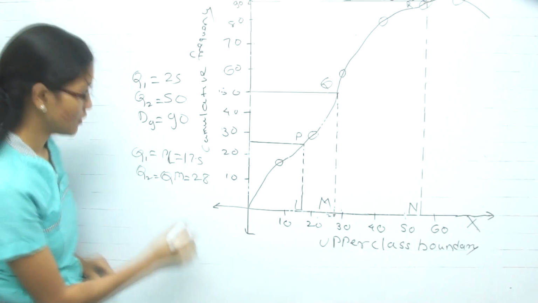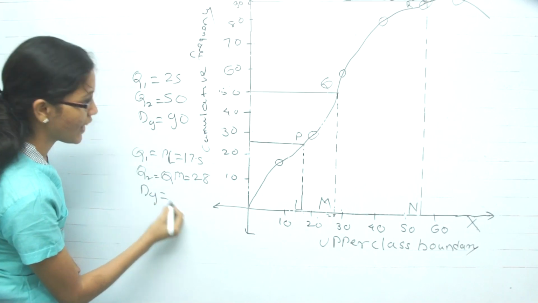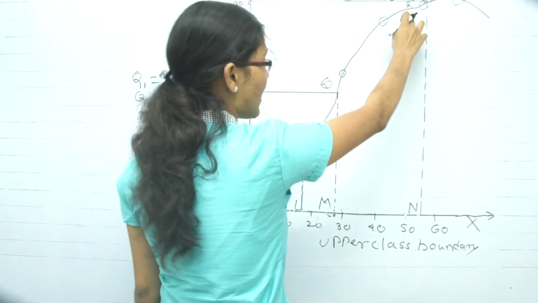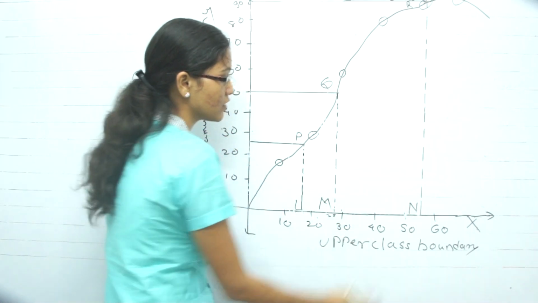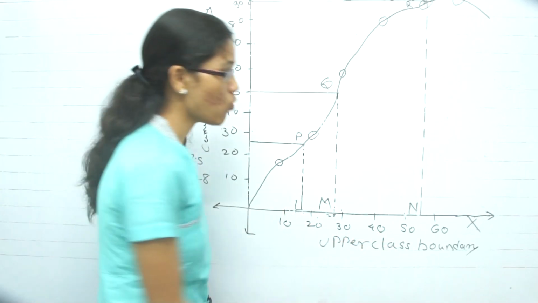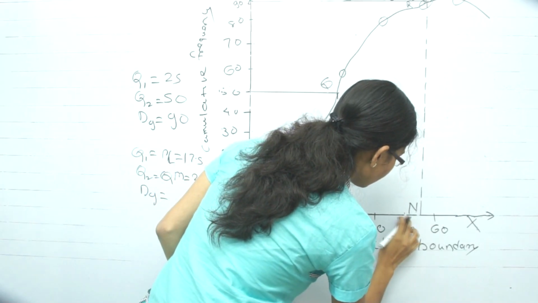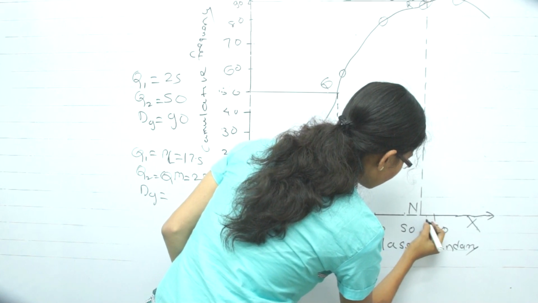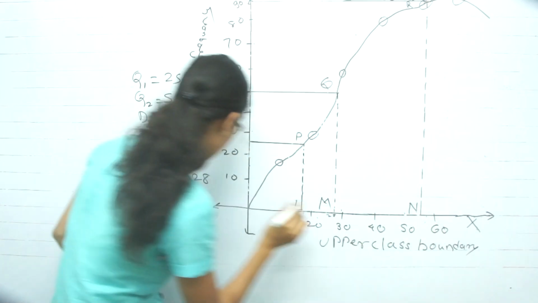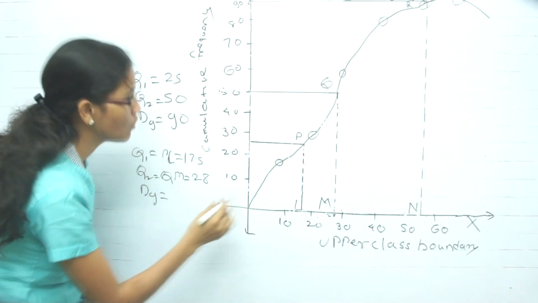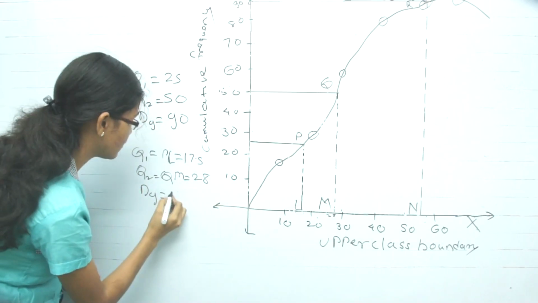And then ninth decile. Ninth decile is what, friend? This R and N. RN is what, friend? 48. So 48. What line? RN.